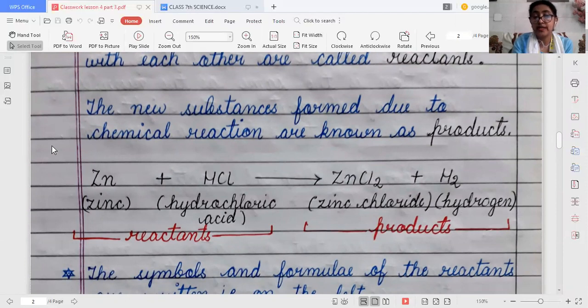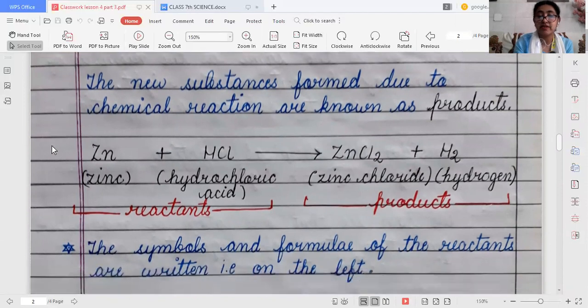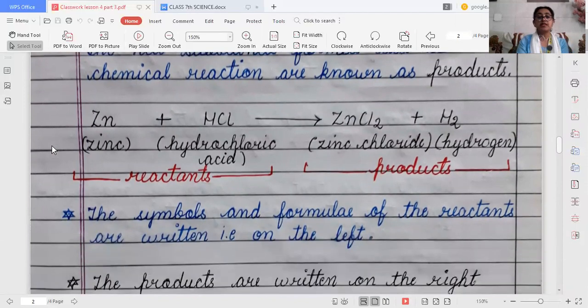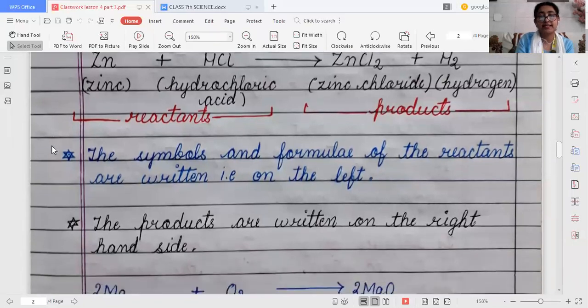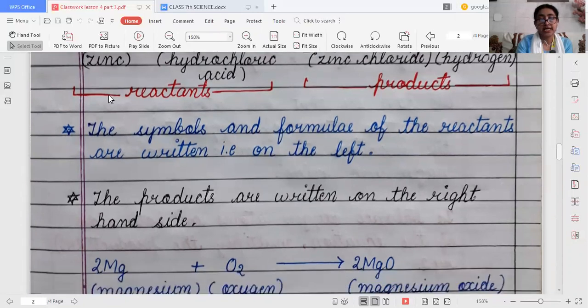Now it is very clear, I think. You can see it is written very clearly. So the symbols and formulas of the reactants are written on the left hand side, and the products are written on the right hand side. Reactants are always on the left hand side and the products are always written on the right hand side.